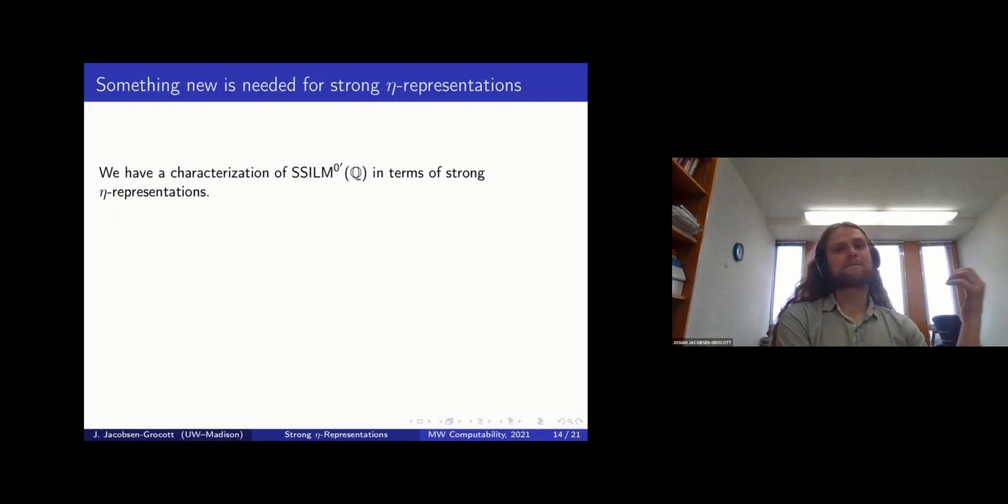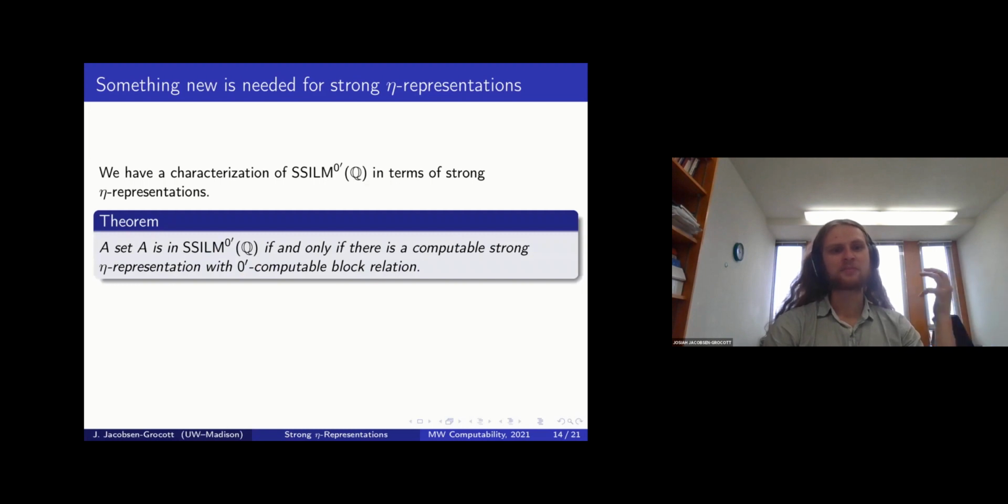All right. And we do. So back to the second point, this is in fact quite important that 0 jump can compute the block relation, and we're able to use this notion to come up with a characterization of S sum of Q in terms of strong eta representations. So a set A is a member of S sum 0 jump of Q if and only if there is a computable strong eta representation of a 0 jump computable block relation.